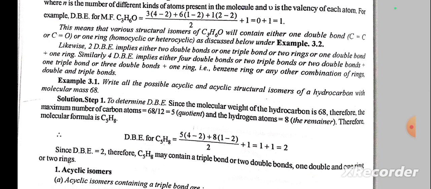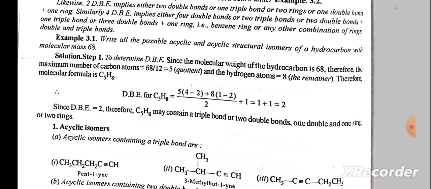Example 3.1. Write all the possible acyclic and cyclic structural isomers of a hydrocarbon with molecular mass 68. Solution. To determine the DBE, since the molecular weight of the hydrocarbon is 68, the maximum number of carbon atoms is 68 divided by 12, which is 5, and the hydrogen atoms are 8.